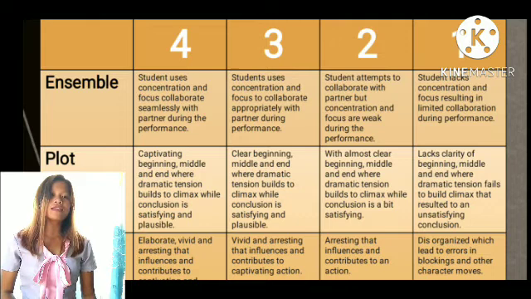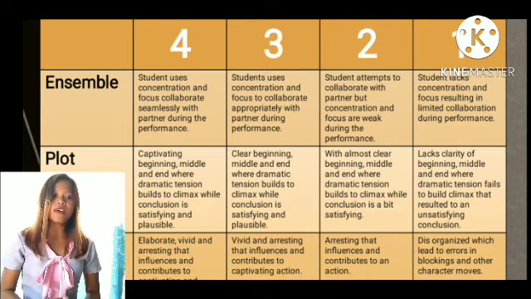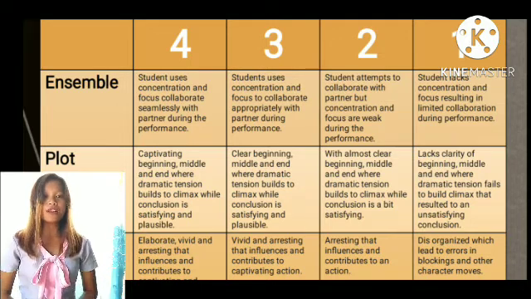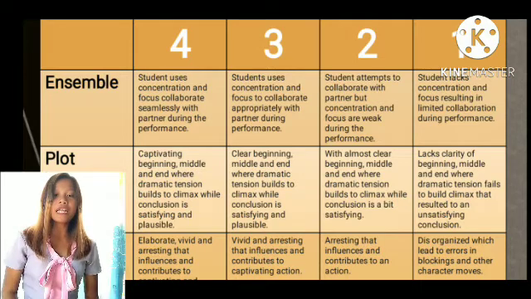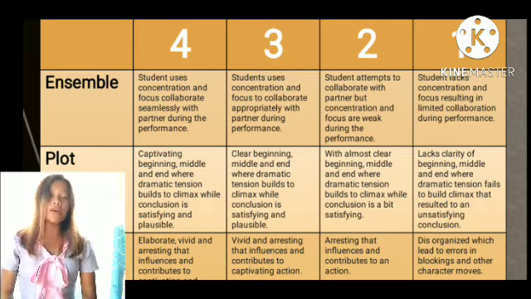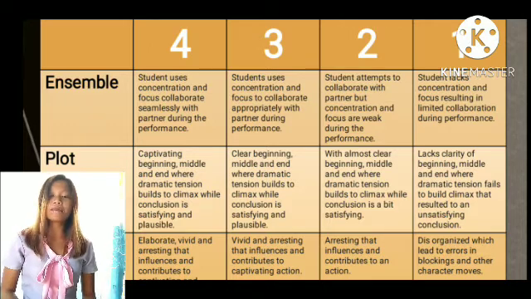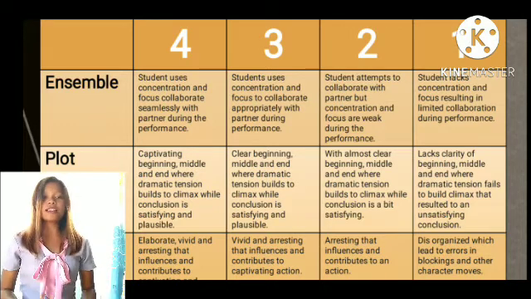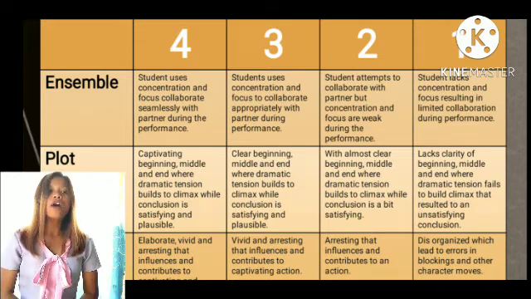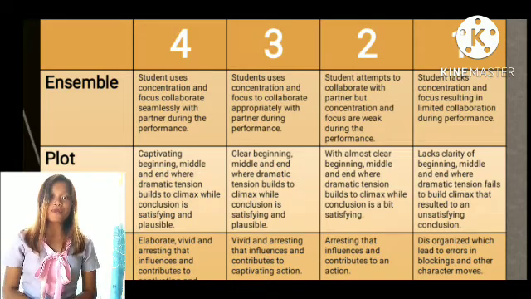where dramatic tension builds to climax while the conclusion is satisfying and plausible, then I will give you 4. If you have a clear beginning, middle, and end where dramatic tension builds to climax while the conclusion is satisfying and plausible, then I will give you 3.